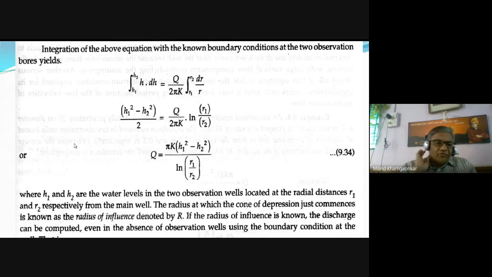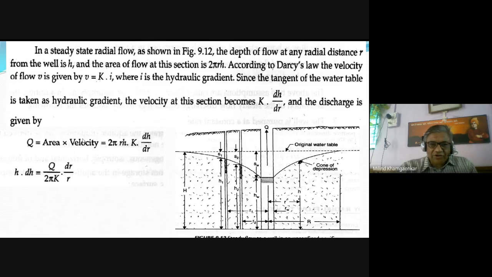And if we integrate this equation, because we have taken r and h as the variable radius and variable height or depth of water in the aquifer, for finding out the discharge we integrate. Now we will integrate this equation within the limits.